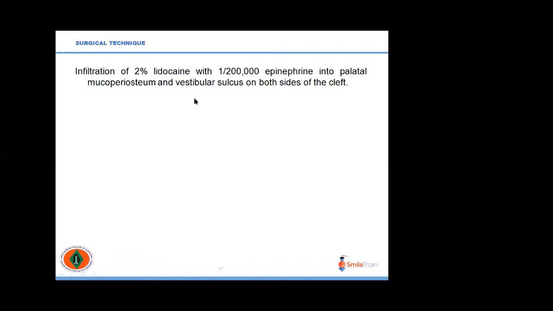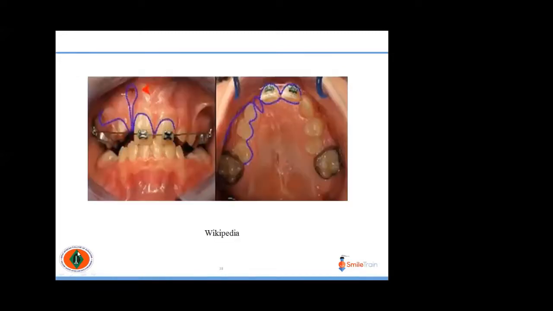If possible, the pediatrician will see the patient, and the patient is prepared for the surgery. On the day of the surgery, we normally infiltrate the mucosa, both the palatal and the labial mucosa, with 2% lignocaine about 10 minutes before the surgery starts.